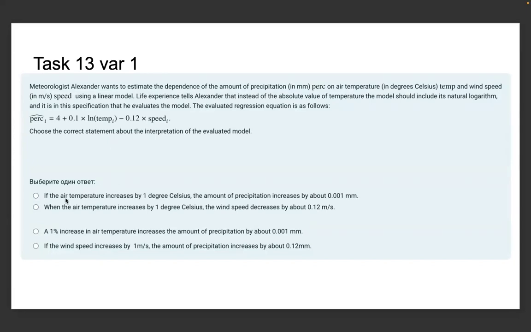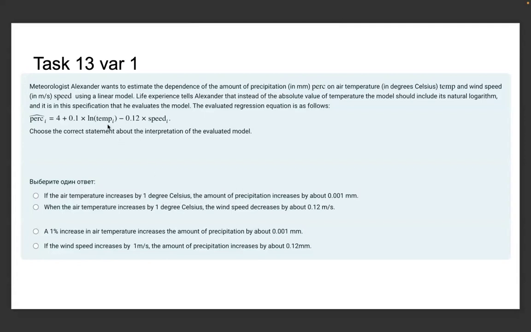Okay, let's read all the answers and choose the correct one. If the air temperature increases by 1 degree Celsius, the amount of precipitation increases by about a small part of a millimeter. So Celsius increased by 1 degree.